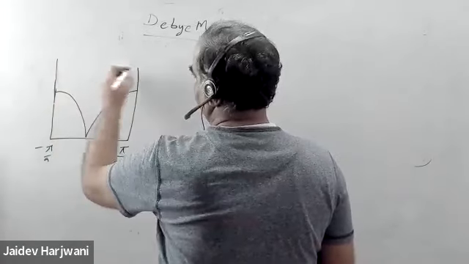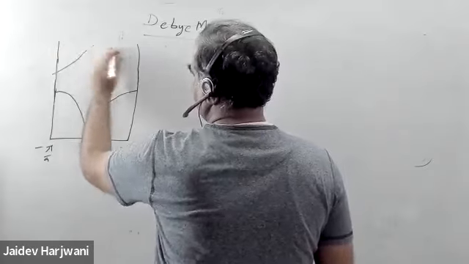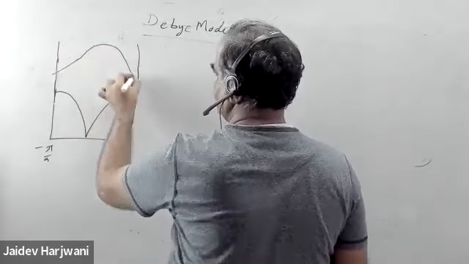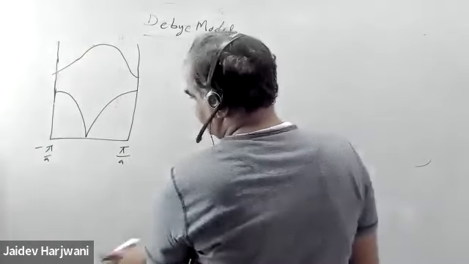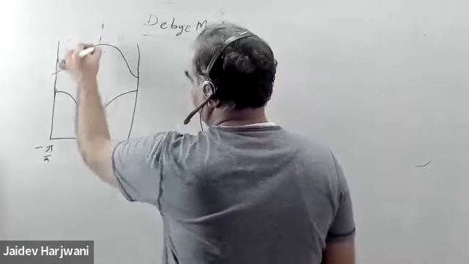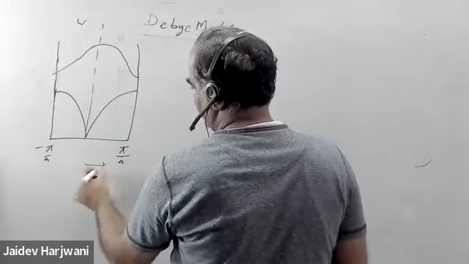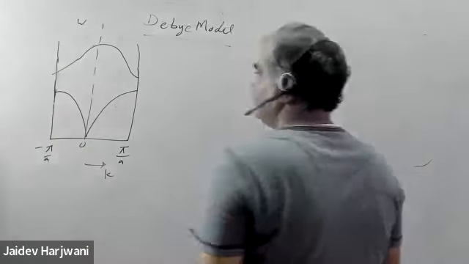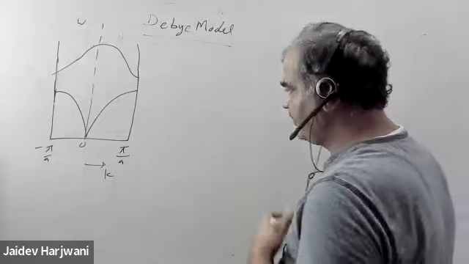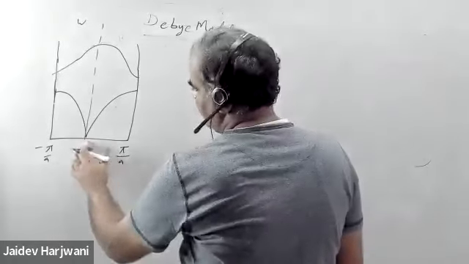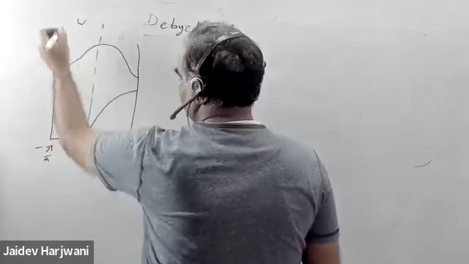Then we have one more, this one. So this was the variation of frequency with K. This is my K and this is 0. These are the dispersion curves for a solid. This one is diatomic; if you are monoatomic, you'll get more branches here.